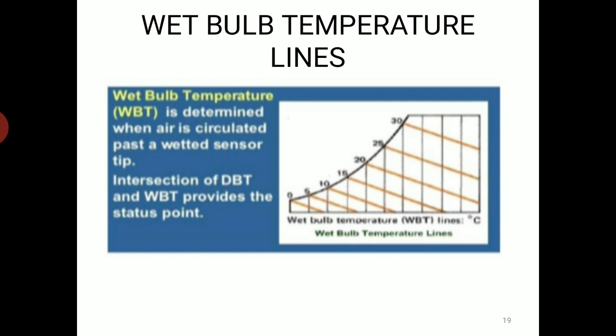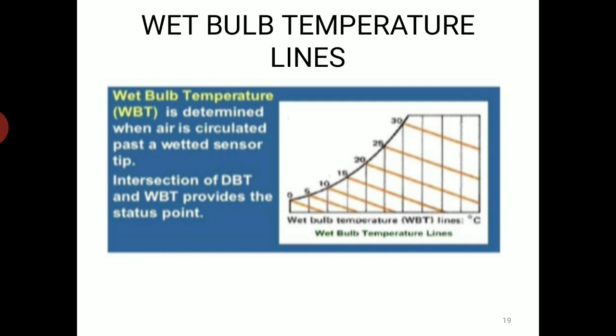Whatever value is on the x-axis, suppose 5, the same value will be on the saturation curve, that is 5. If it is 25 in dry bulb temperature, the same 25 will be on the saturation curve. This is how you can read the wet bulb temperature values on the saturation curve.